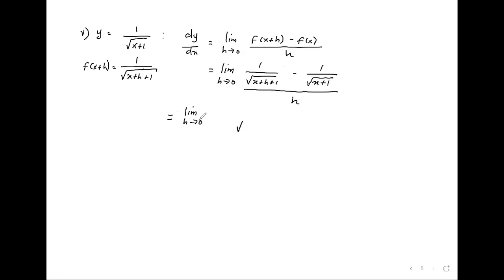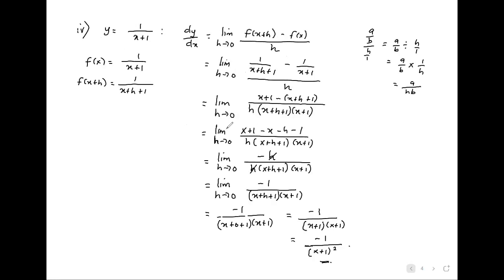The common denominator will be root of x plus h plus 1 multiplied by root of x plus 1. Everything up here will be root of x plus 1 minus root of x plus h plus 1. Now, instead of saying over h, we'll just multiply h by the denominator from this extraction here.